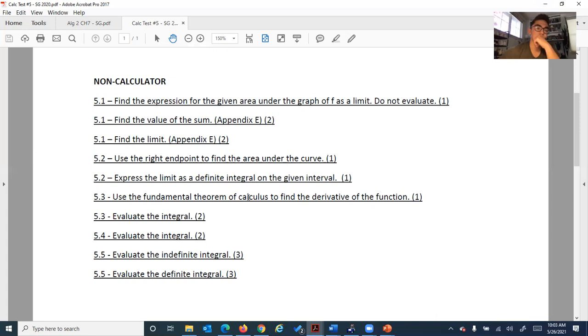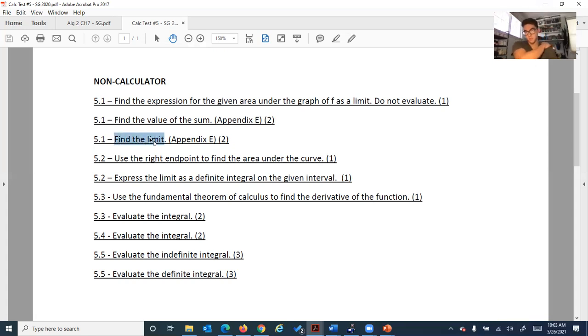Take out the 5.1 value of the sums. Those ones are boring and no fun. No, take out find the limit of that. Well, yeah, find the limit's better. I don't want to plug in numbers. But isn't finding the limit plugging in numbers? No, find the value of the sum. Find the limit is just summation.